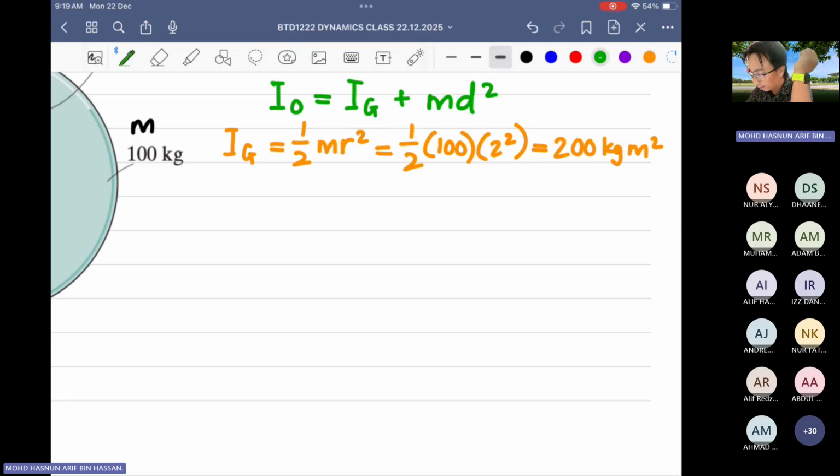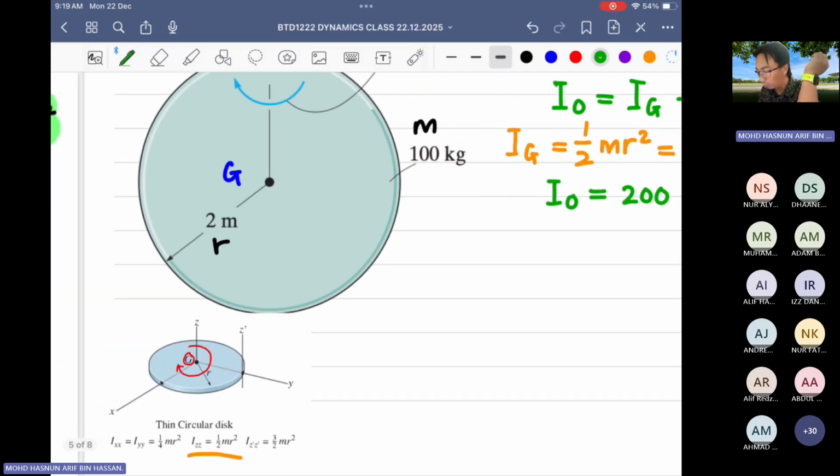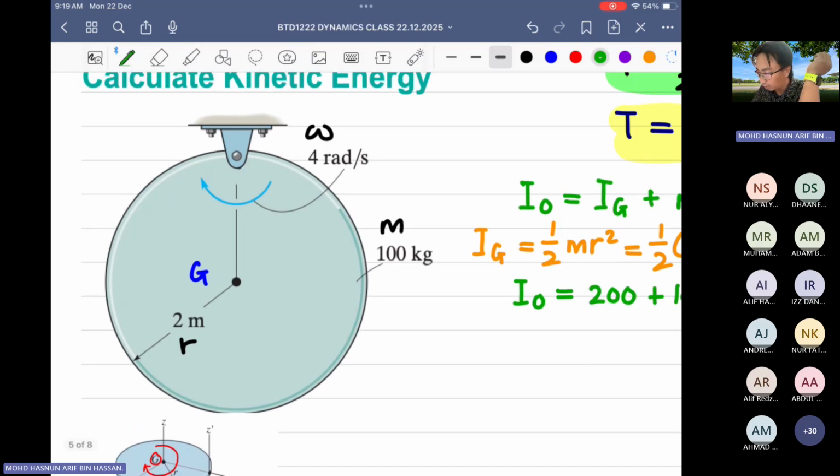Then IO will be equal to 200, which is IG, plus the mass, which is 100, and D is the distance between O and G. Point O is here, the center of rotation. So the distance between O and G is this. This is D, the distance from O to G, which is the same value as R, the radius.